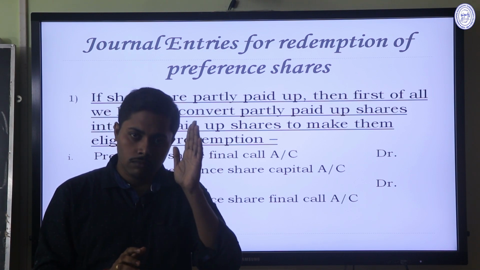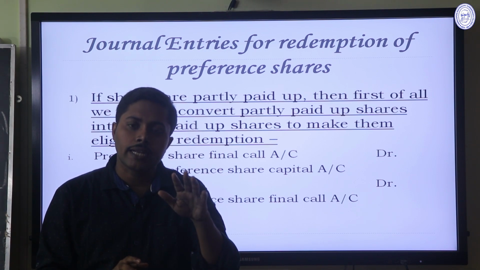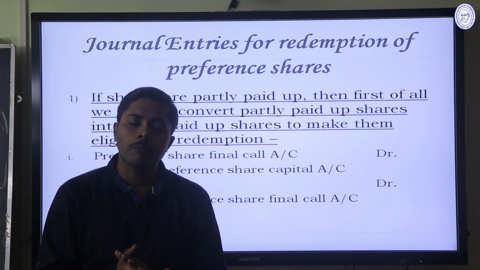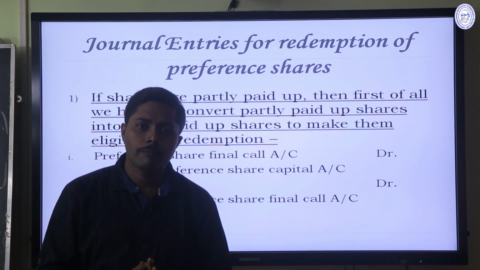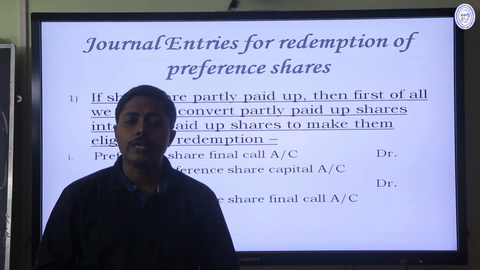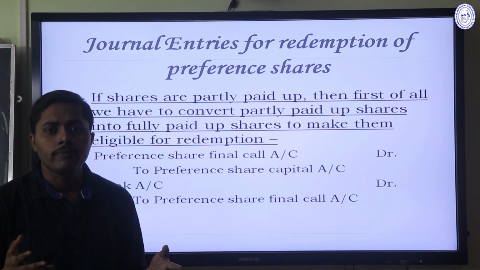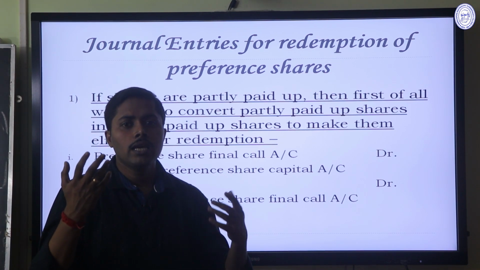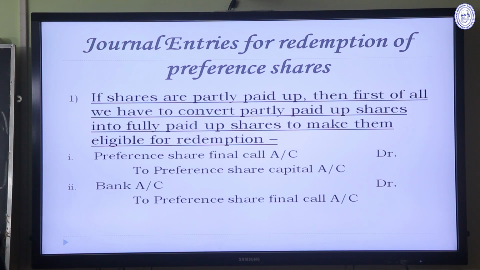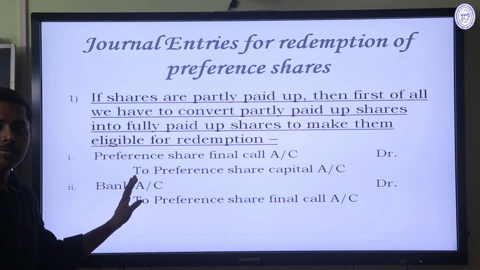Then premium on redemption will be adjusted against the free reserve balance and securities premium. And lastly, the preference shares will be paid off. And for the purpose of liquidity, if the company thinks so, it can collect funds by taking a loan or by issuing debentures. Okay. So these are the journals we will basically let you know.